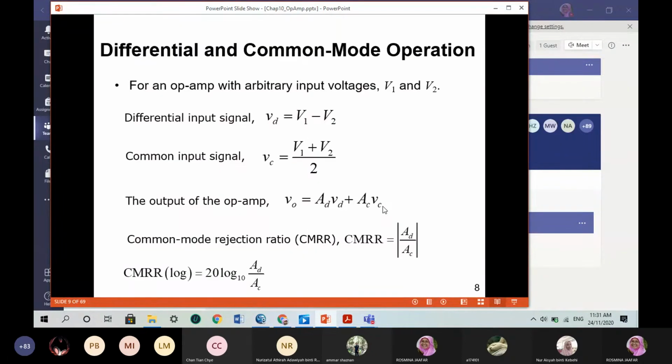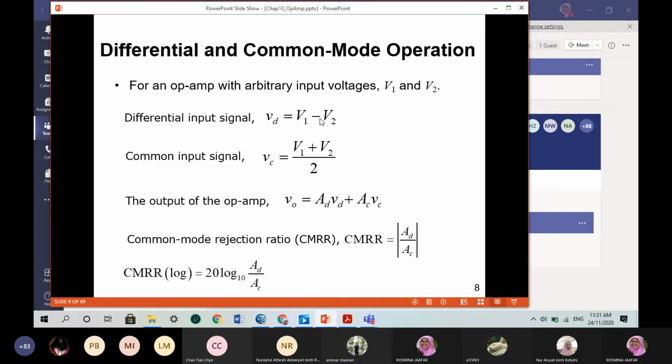Okay, and it will produce differential and common mode operation, whereby for an op-amp with arbitrary input voltages V1 and V2, there will be a differential input signal Vd. Normally the values of V1 and V2 will be very small, a few millivolts, but at the output you will have a very large voltage.